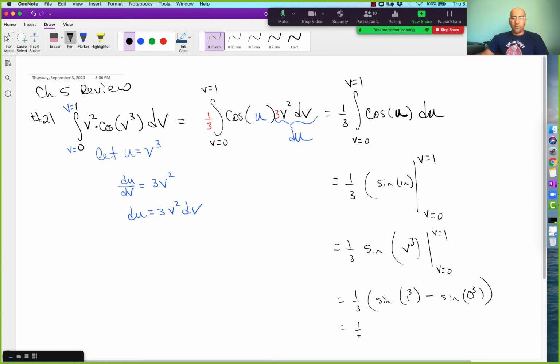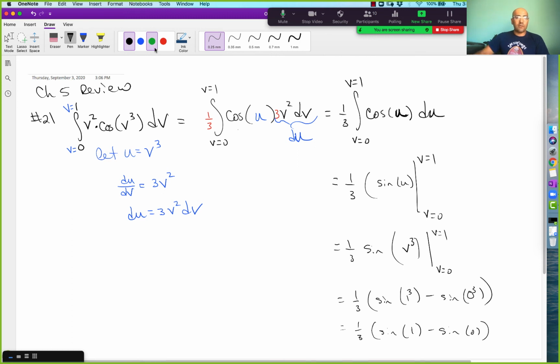So this is just going to be 1/3 sine of 1 minus sine of 0. Sine of 1, well, we don't know what that is. That's not an easy answer. We can use our calculator to approximate it, but we can just leave it alone. However, sine of 0 is going to be equal to 1. No, sine of 0 is 0. Yes. Sine of 0 is 0.